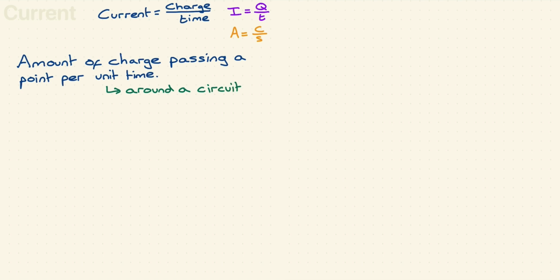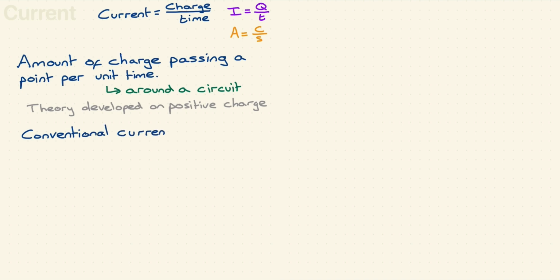Rather unfortunately, the equations and maths and everything for electricity was worked out before we really knew what was going on, so all the maths and circuit diagrams are based on positive charge, with conventional current being the flow of positive charge around a circuit.